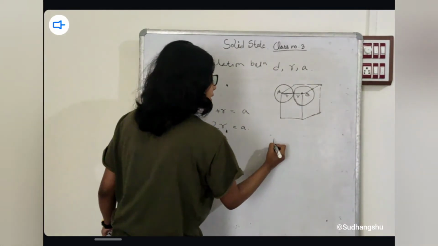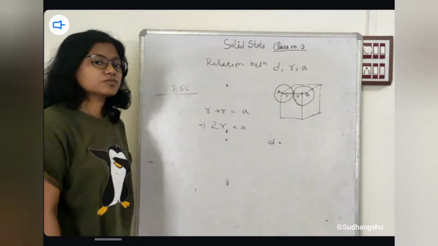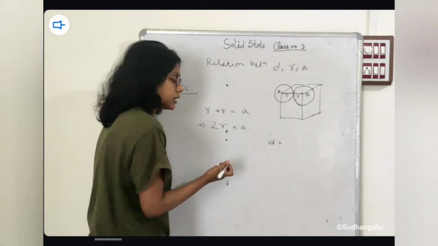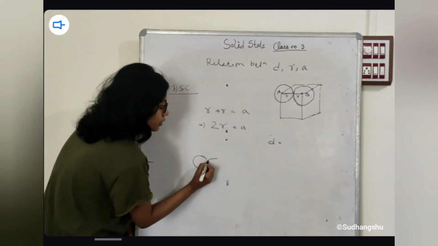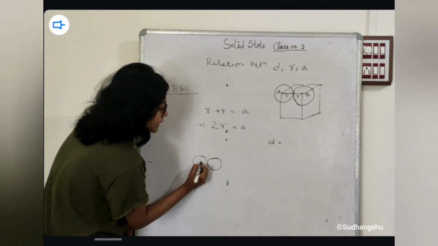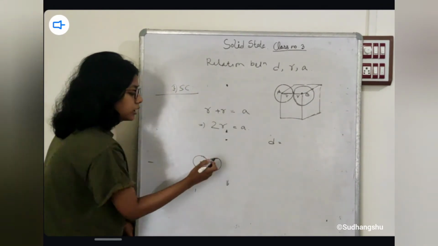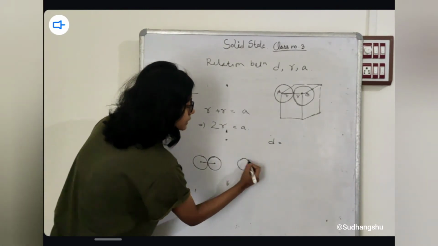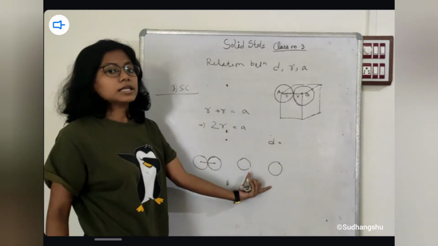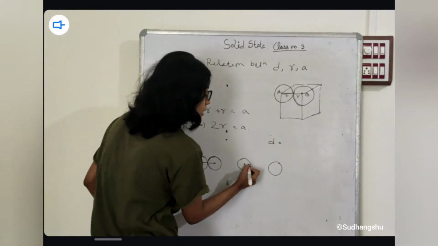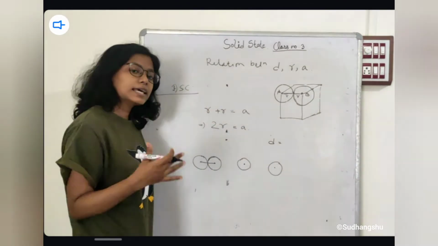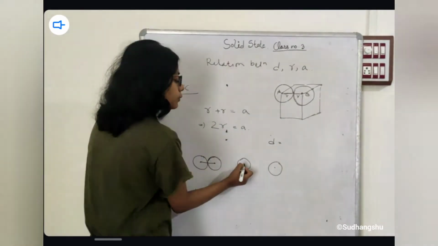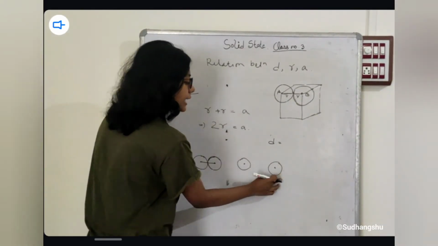Again, d is the distance between nearest neighbors, distance between two nearby atoms. So in case of sphere, we measure the distance from center to center. Suppose from this to this, what is the distance between these two atoms? We measure from the center to center distance. When we say what is the distance between two atoms, we mean the distance between centers of these two atoms.